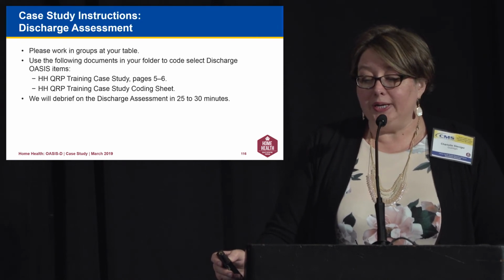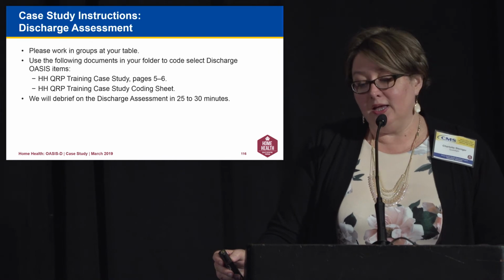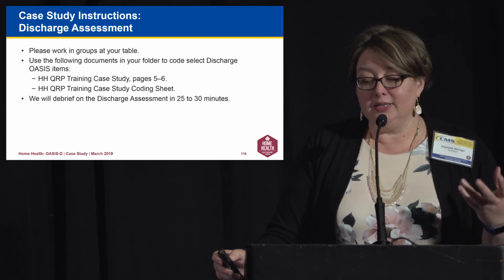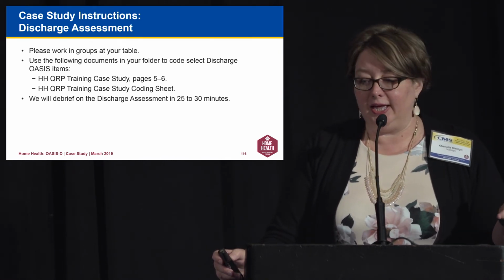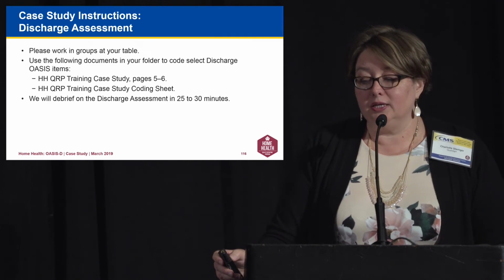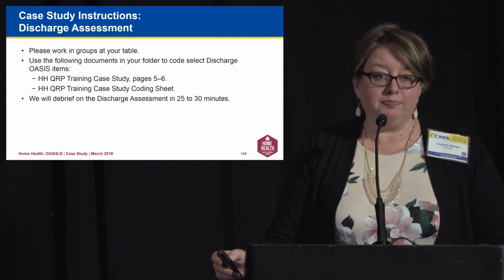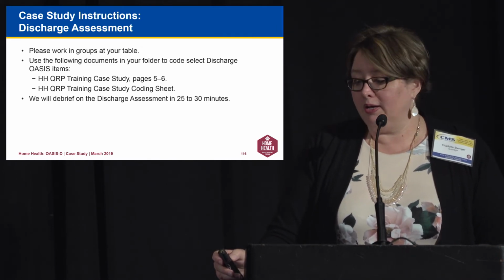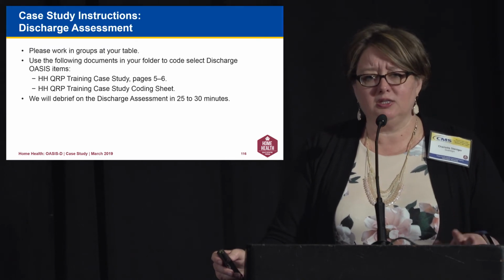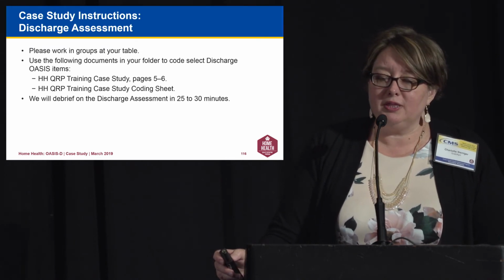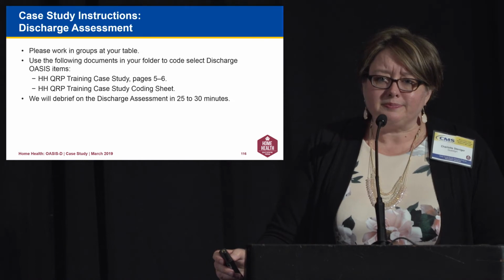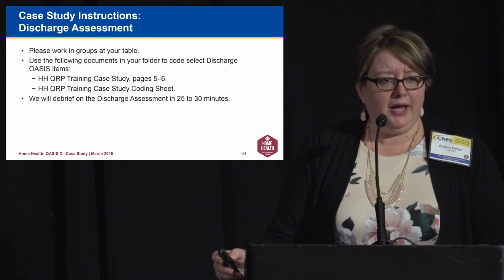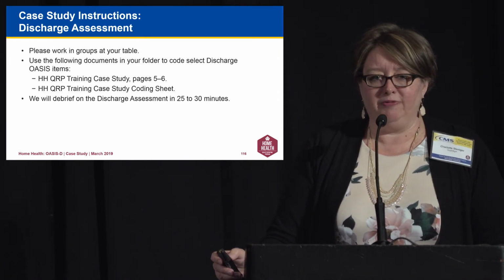So again, we're going to ask that you work in groups and that you use the documents. This is page 5 and 6 of the case study, and then your case study coding sheet. And we will take a break. We're going to give you about 15 minutes or so to see how you do with that. And then we'll check back in with you guys to see how you're doing, and then we'll debrief afterwards.